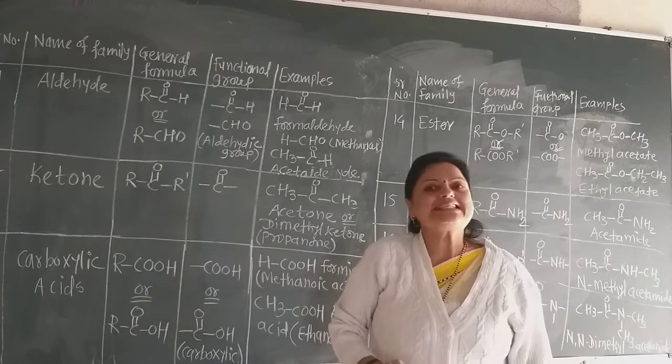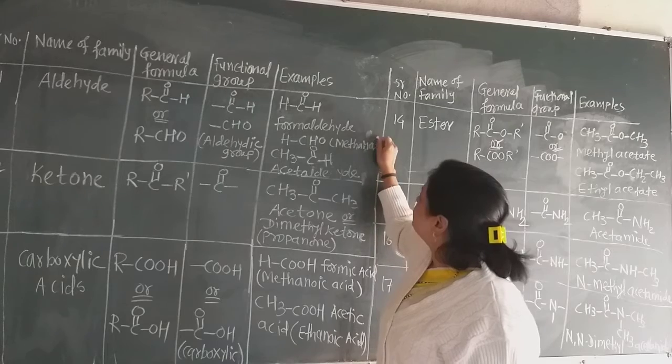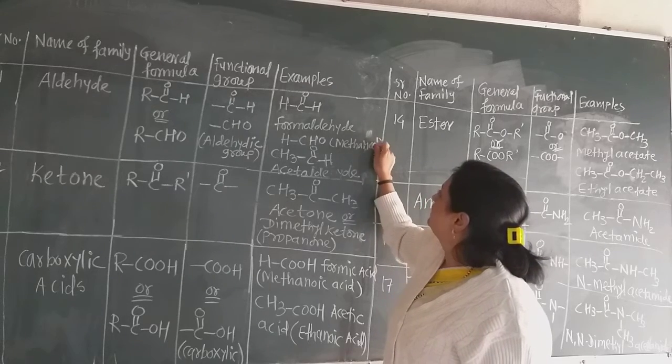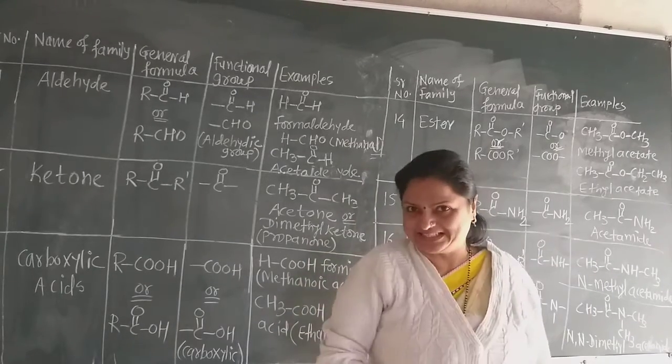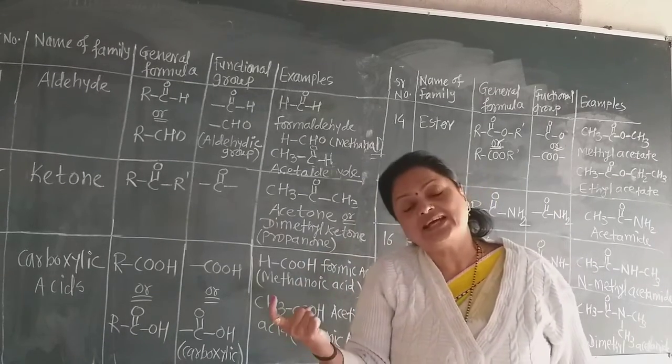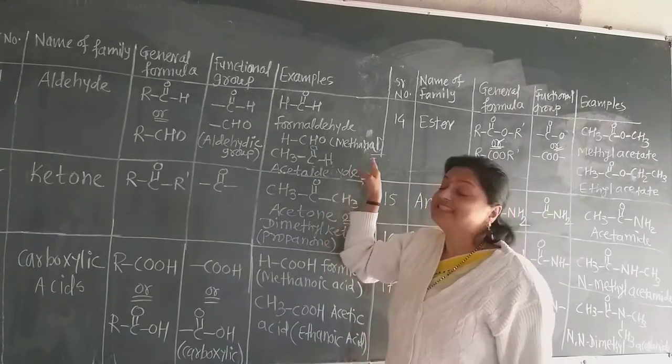Its IUPAC name is methanal. Here al is the suffix, not ol. Here al, because in alcohol there is the ol suffix, methanol, ethanol in the IUPAC name. But in aldehyde the suffix is al.